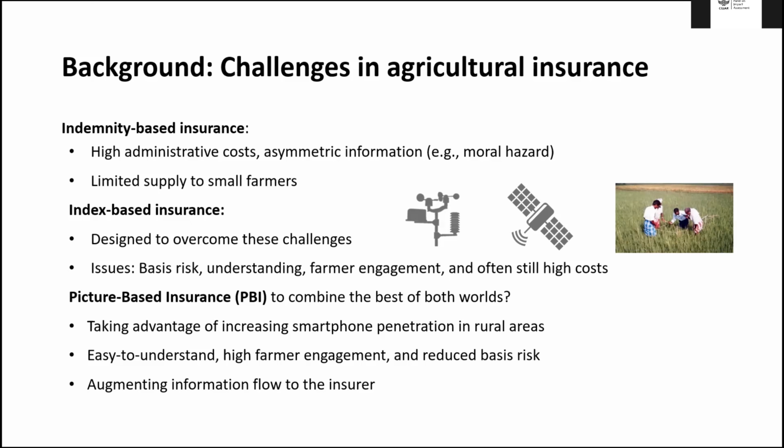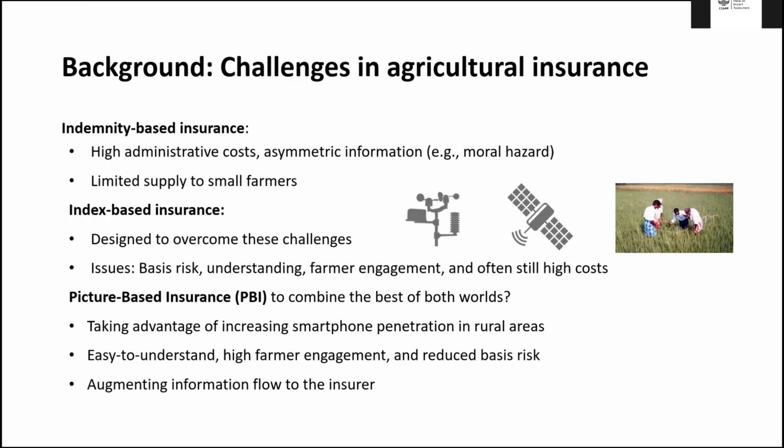Index-based insurance pays off on the basis of, for instance, weather data that is proxying for potential agricultural losses, measured, for instance, from a weather station or from satellite data. You can also have index-based insurance based on vegetation indices that are tracked through satellite data again. And finally, there's area yield index-based insurance, whereby crop cuts are being done in fields that are representative of a larger area in order to estimate yields in that area.